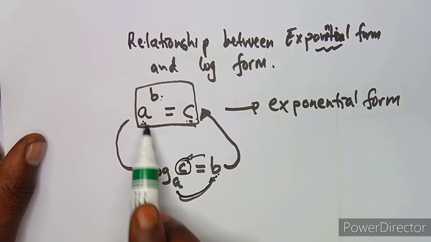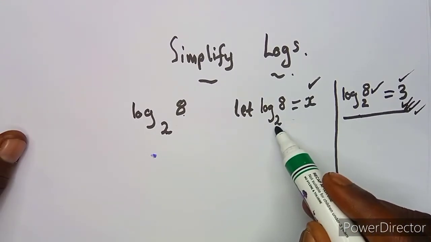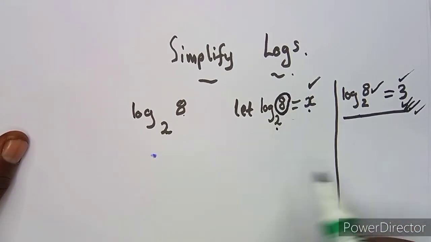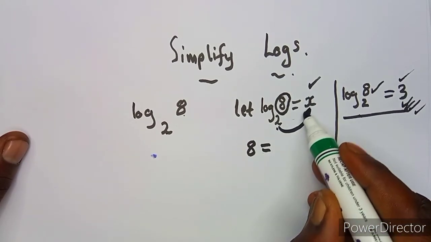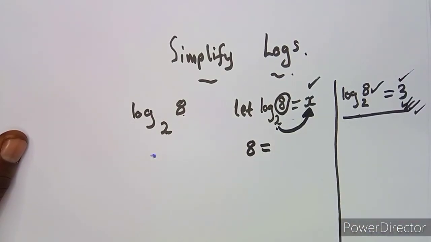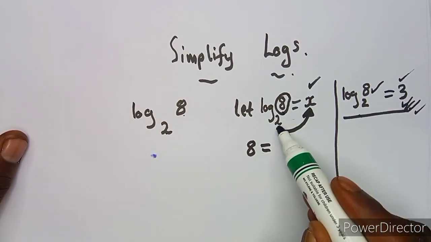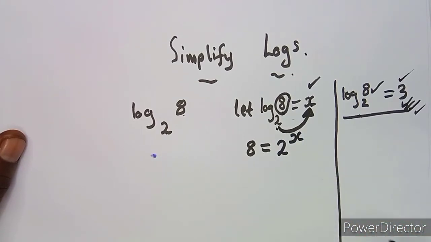This is the base that we are having, and this is the answer. So this number 8 is equal to 2 to the exponent of x, or 2 to the power of x.